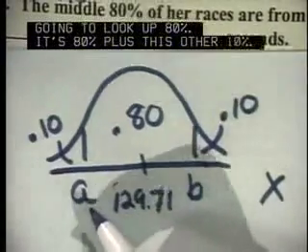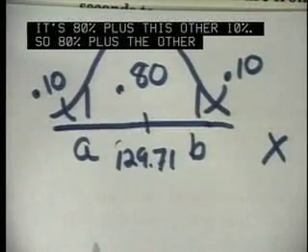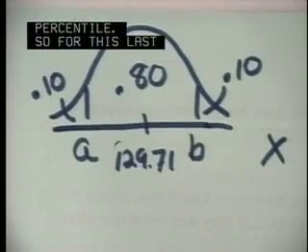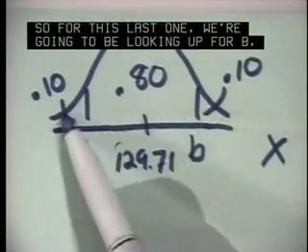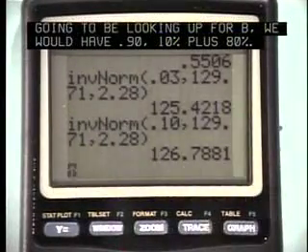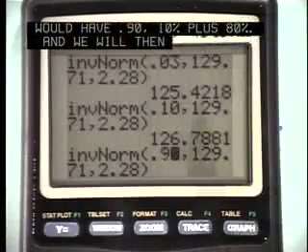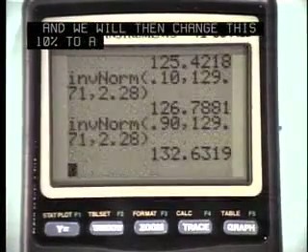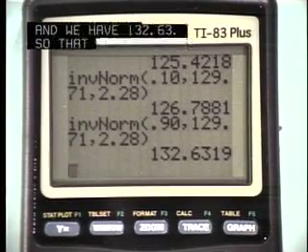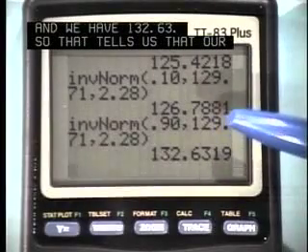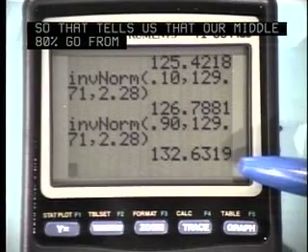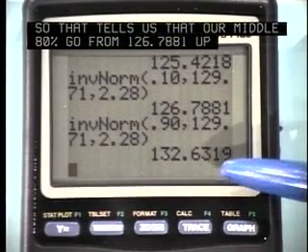So 80% plus the other 10%, which would be then the 90th percentile. So for this last one, we're going to be looking up, for B, we would have 0.90, 10% plus 80%. And we will then change this 10% to a 90th percentile. And we have 132.63. So that tells us that our middle 80% go from 126.7881 up to 132.6319.